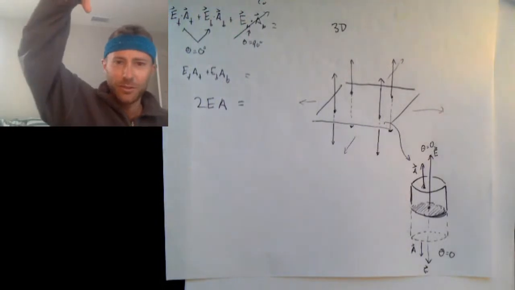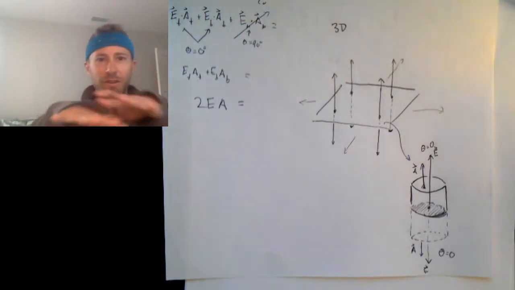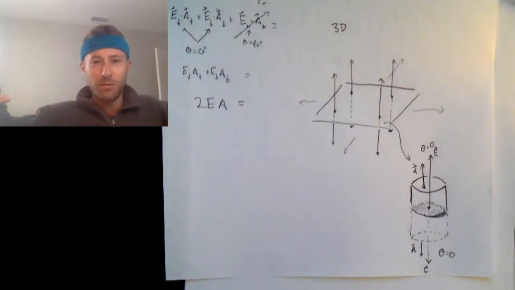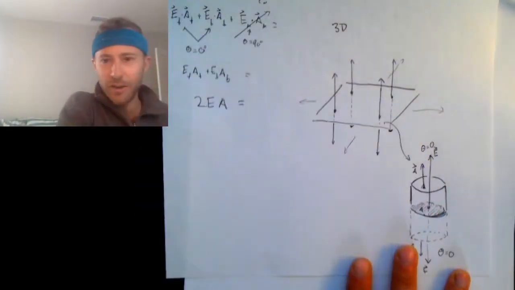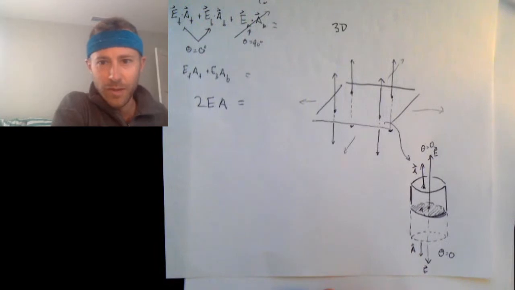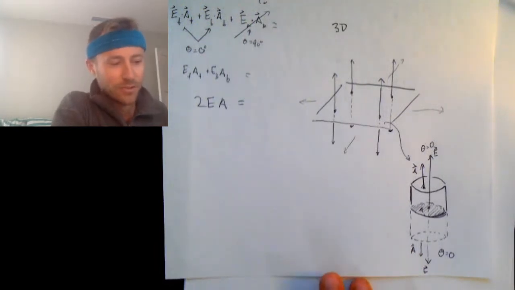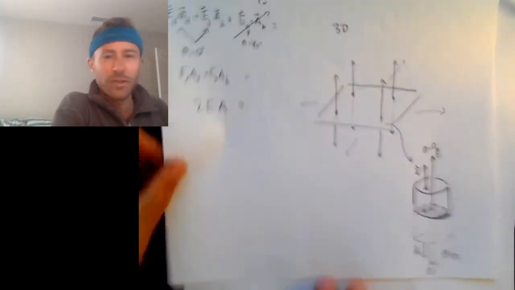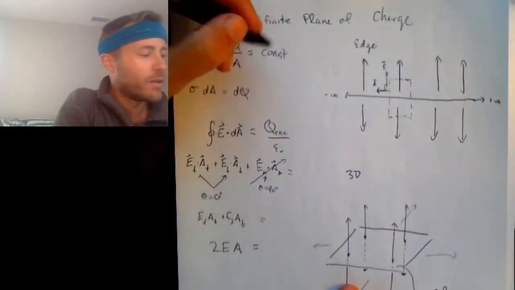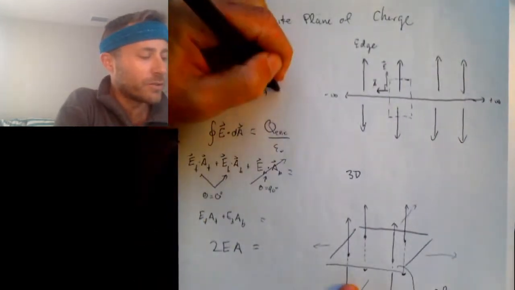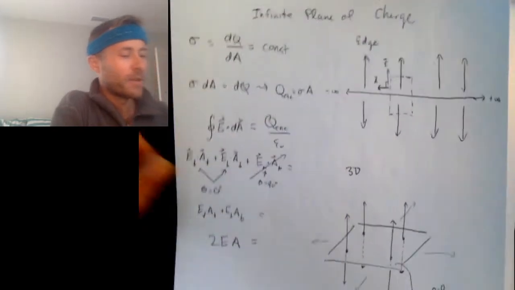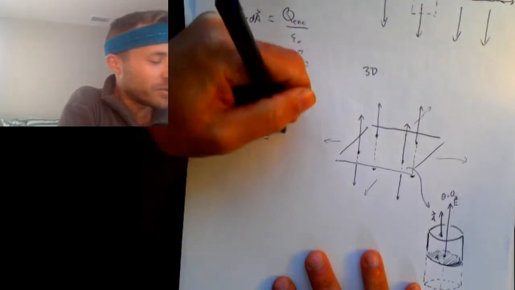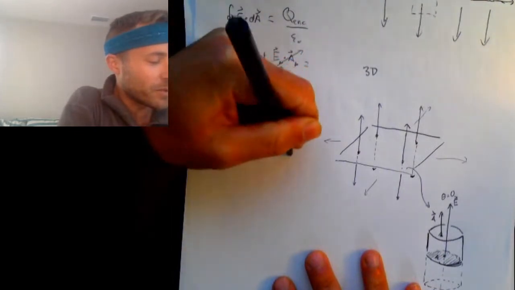You're taking this cylinder and pushing it into the dough that's been rolled flat. The area where it cuts out the infinite plane is right there, and it's the same area. So the charge enclosed is sigma times the area, and the right-hand side of Gauss's law is sigma area over epsilon naught.